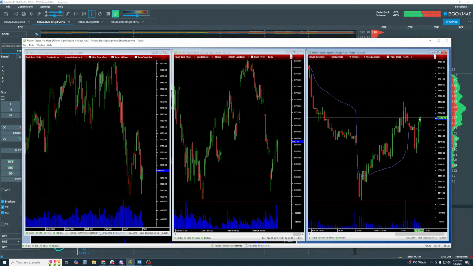All right, so we're coming back up above this area here at 50, it looks like. Now on the 15-minute candle, this is our second attempt here.